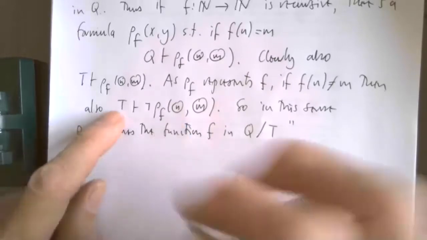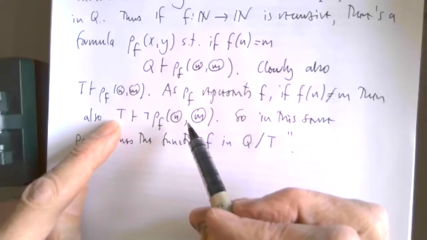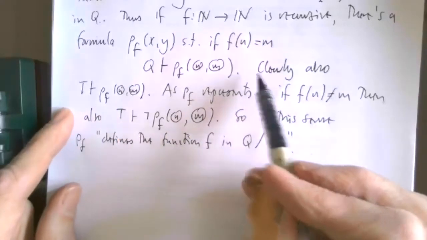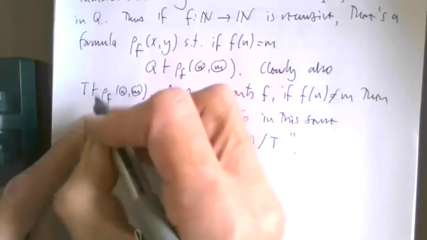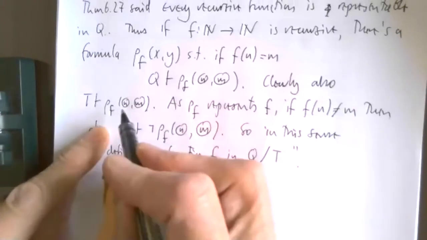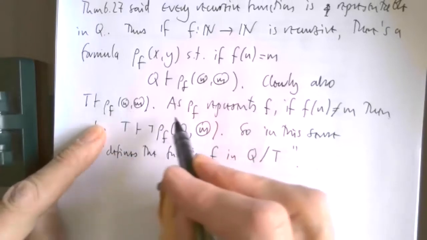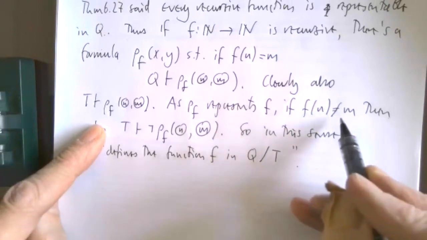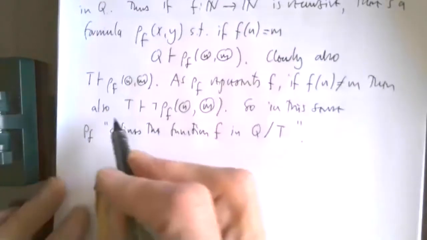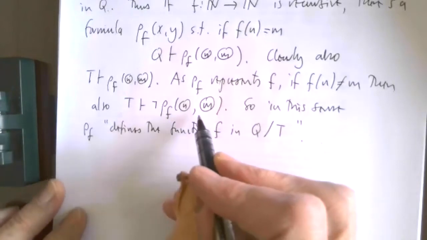Could I read out the last line? This one here? So I didn't see it immediately. Well, I'll read out from here. Clearly also, T proves, and this is rho sub f, boldface n, boldface m. As rho f represents f, if f of n is different from m, then also T proves not rho f n m.